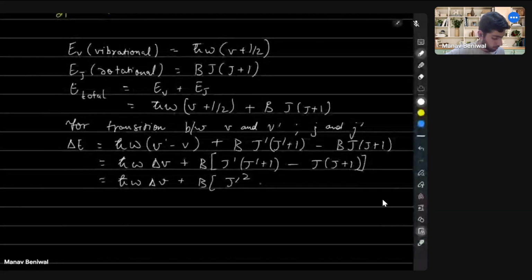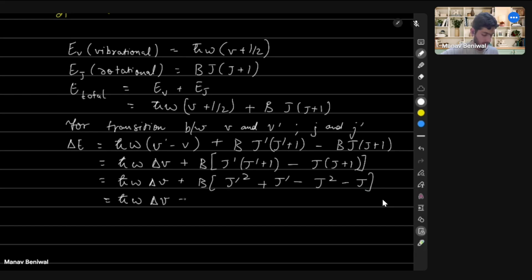So this becomes J prime squared plus J prime minus J squared minus J. So this just becomes J prime plus J prime minus J plus J prime minus J. So these two, basically J prime squared minus J squared, give us this.